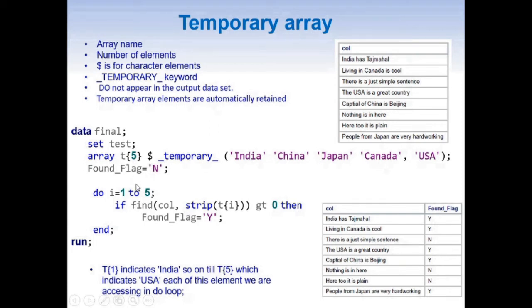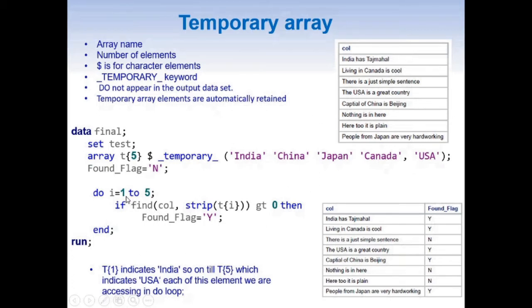Here, what we are trying to do is access each element one by one with the help of a do loop. So when I am saying do i equal to 1 to 5, we are accessing each of these elements.